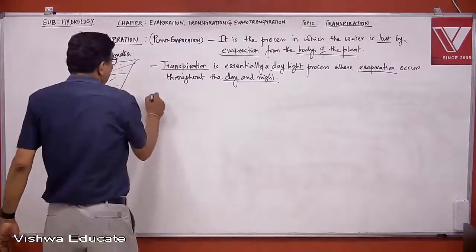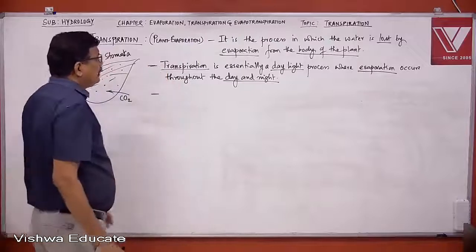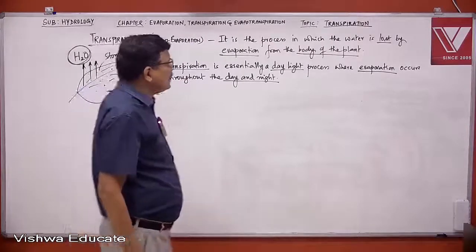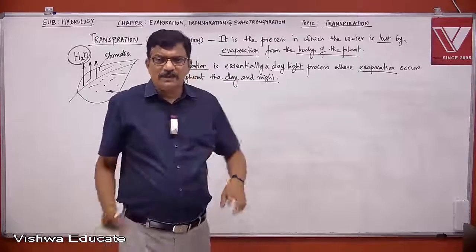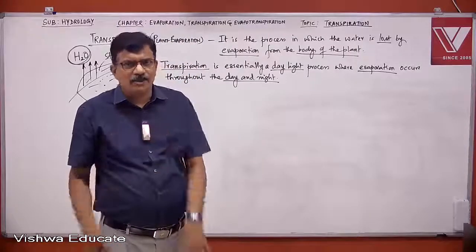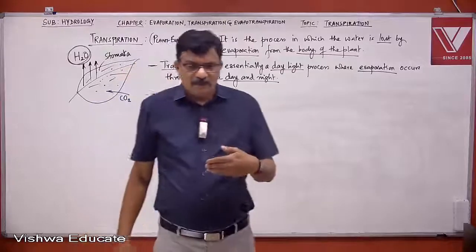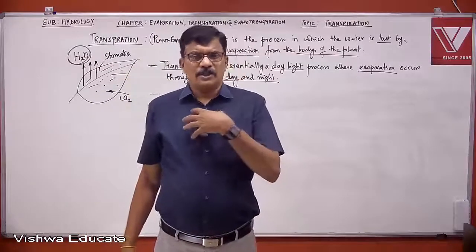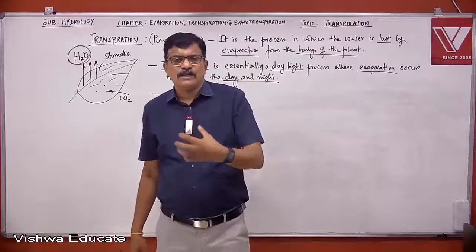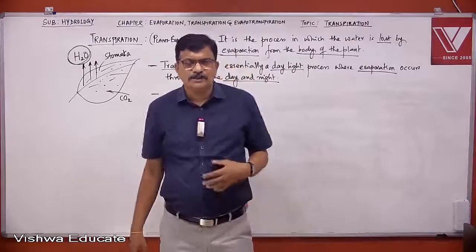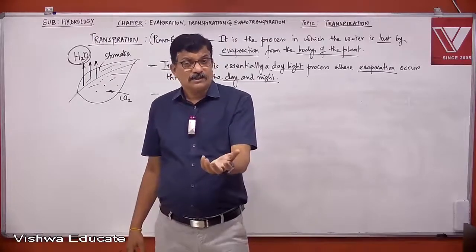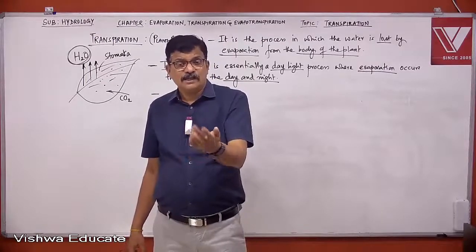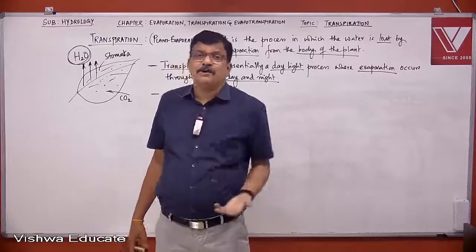And another thing about transpiration is one small biological aspect I wish to mention here. As an irrigation engineer, as a civil engineer, providing irrigation to the crops, we provide water to the crops for their metabolism.